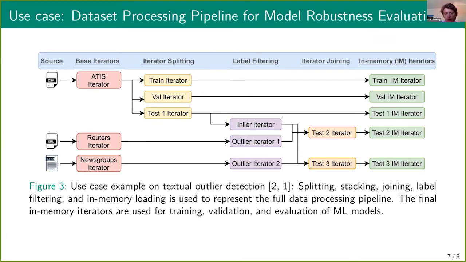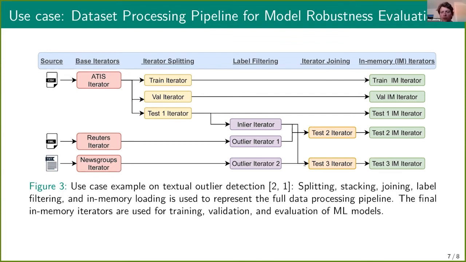We receive a new iterator, namely outlier iterator 1 and outlier iterator 2 for these two iterators here. And then we join them with a subset of the classes from test 1. So we also applied label filtering here. And then we come up with two new joint iterators, namely test 2 iterator and test 3 iterator, that are then finally loaded into memory as well.